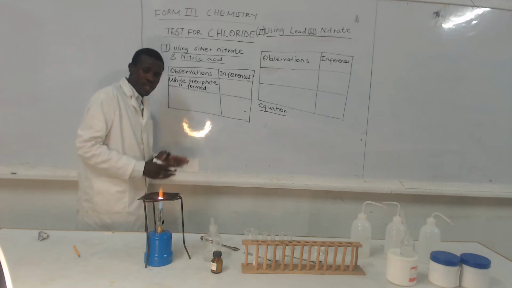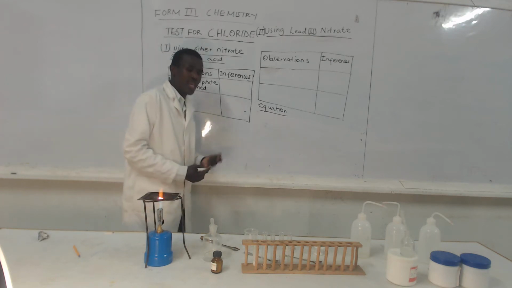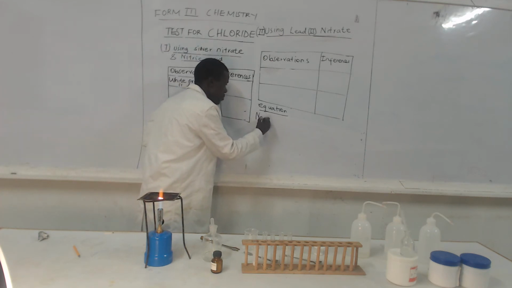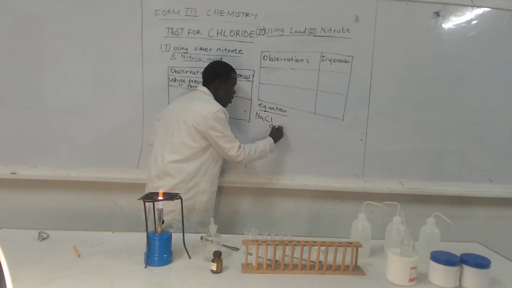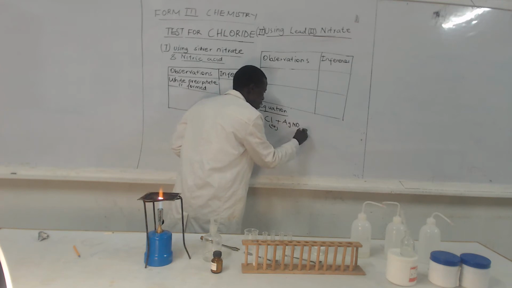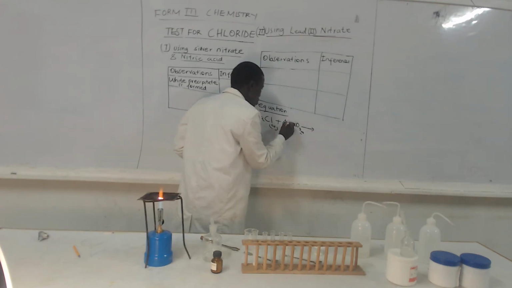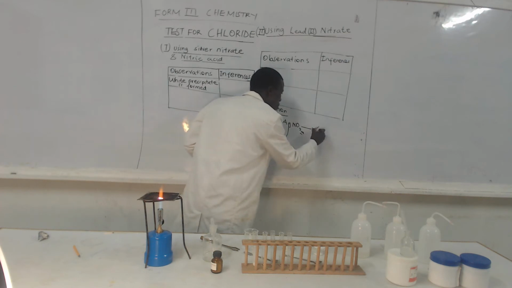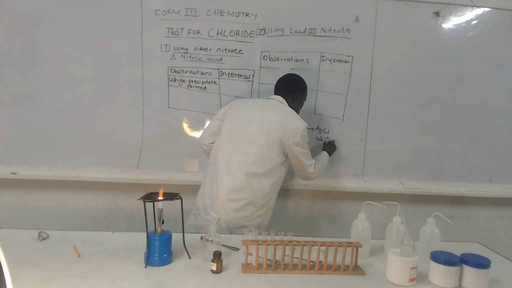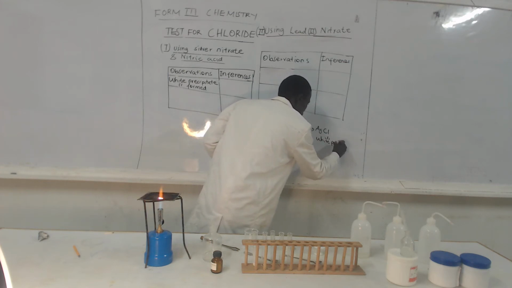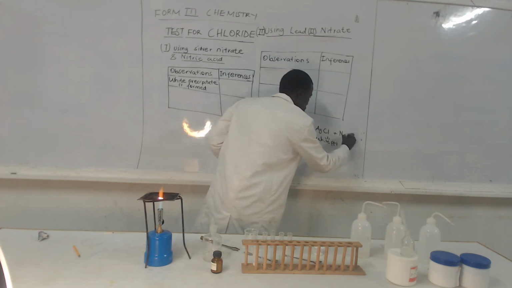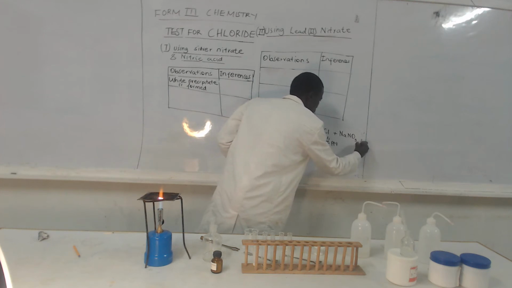When white precipitate has been formed, it means that the sample contains chloride. That is, say for example, if the sample was sodium chloride, and then it reacts with silver nitrate which has been added, then silver reacts with chloride to form silver chloride, which is a white precipitate, and sodium reacts with nitrate to form sodium nitrate, which is aqueous.